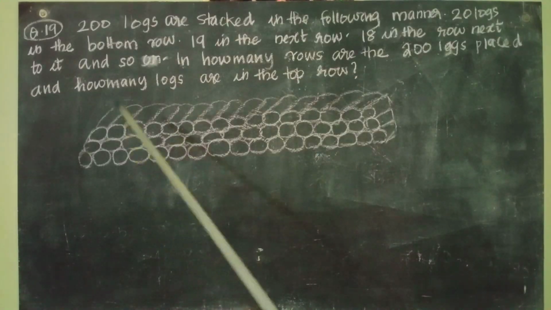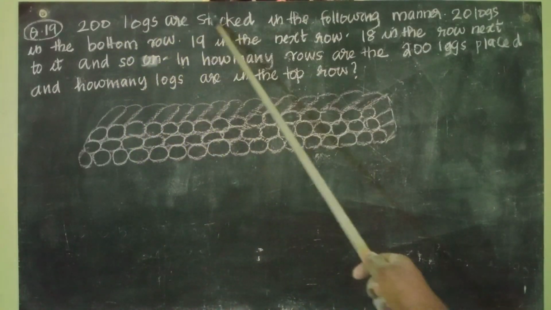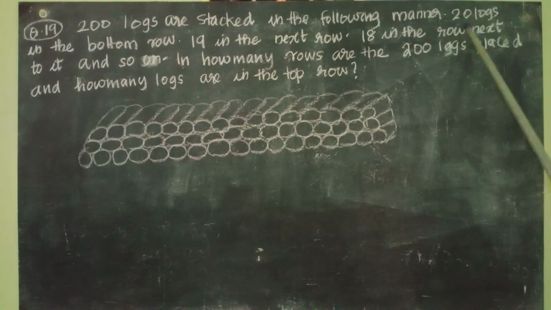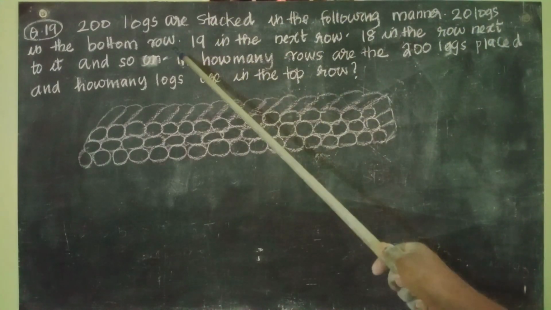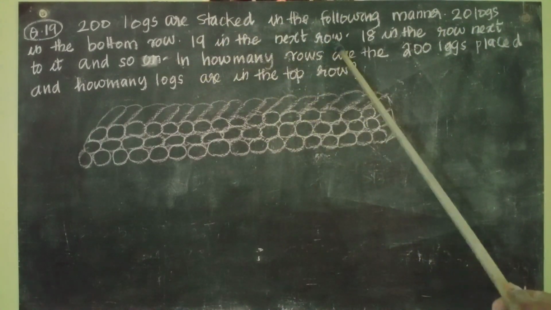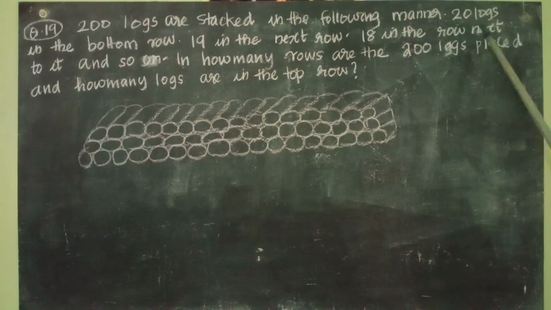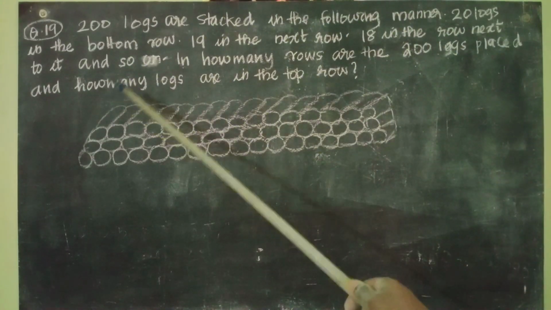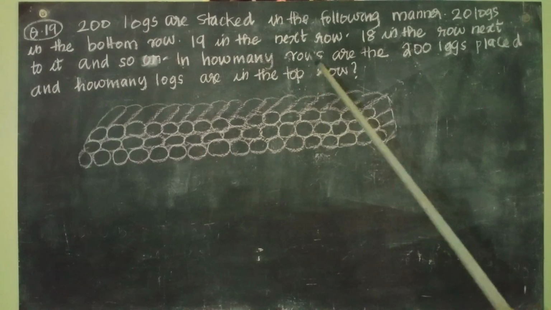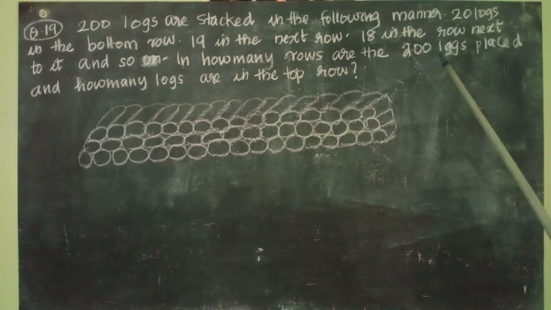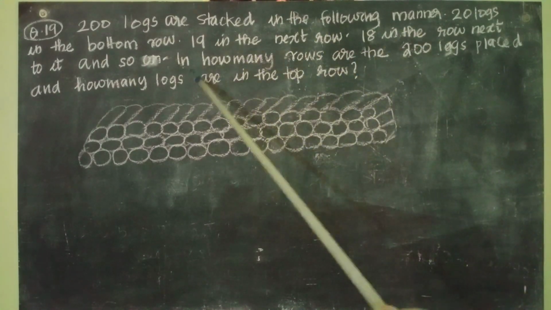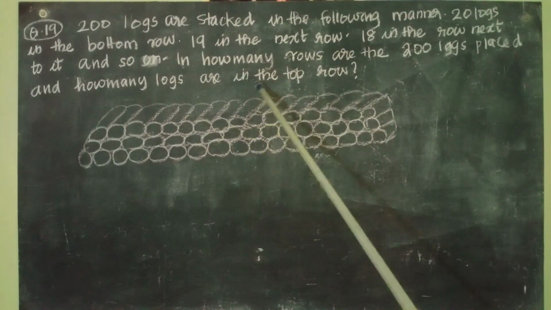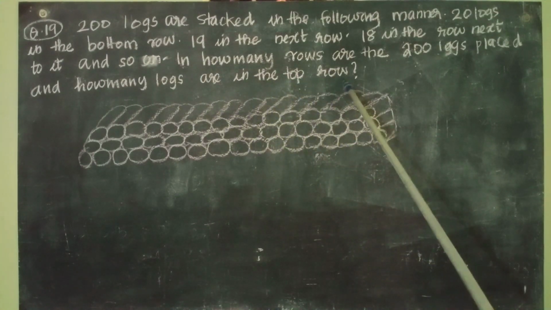Question number 19. 200 logs are stacked in the following manner: 20 logs in the bottom row, 19 in the next row, 18 in the row next to it, and so on. In how many rows are the 200 logs placed, and how many logs are there in the top row?